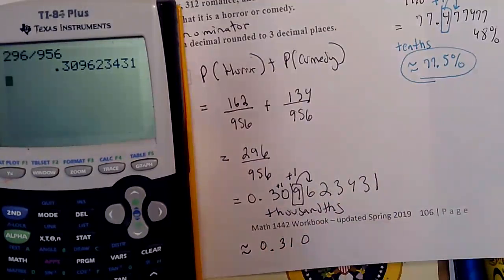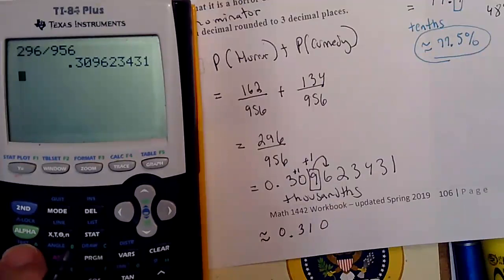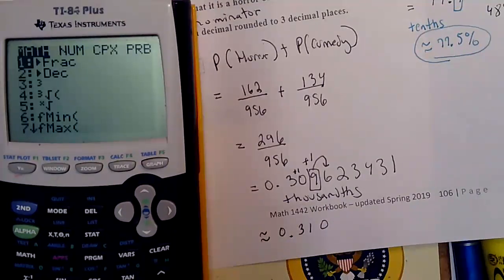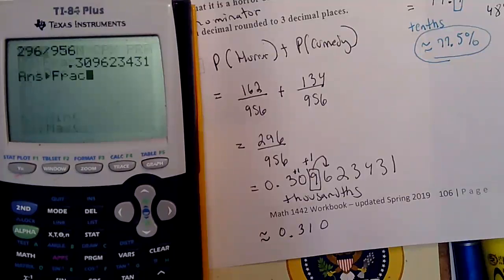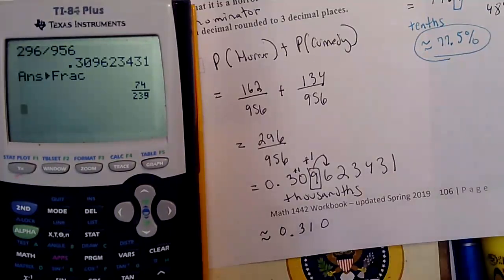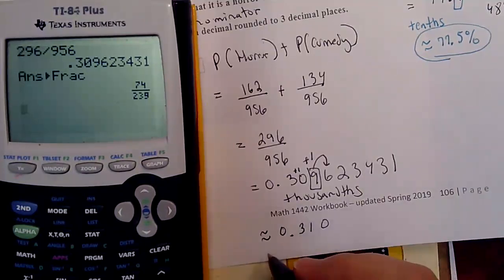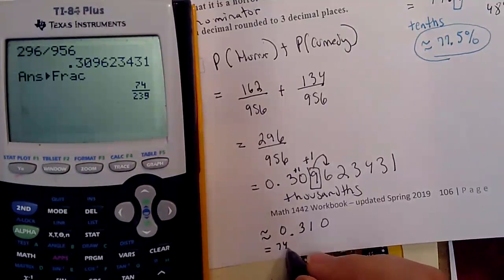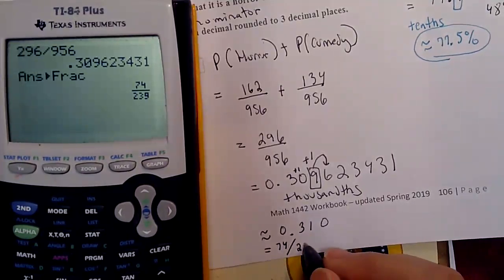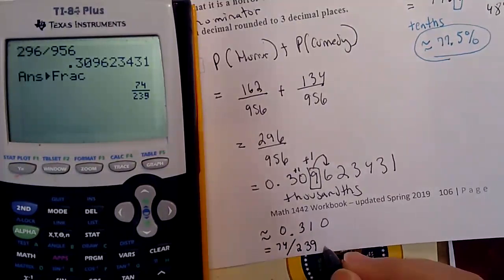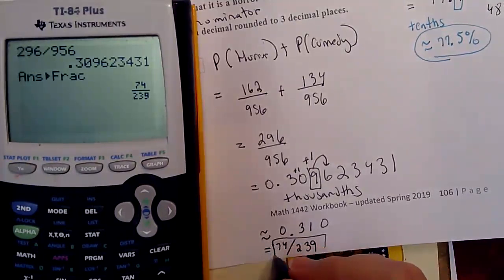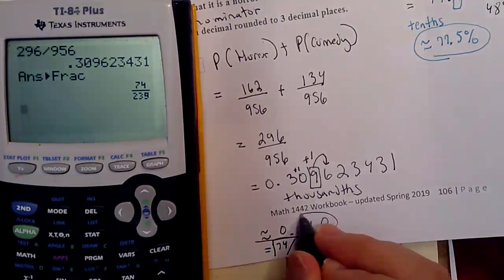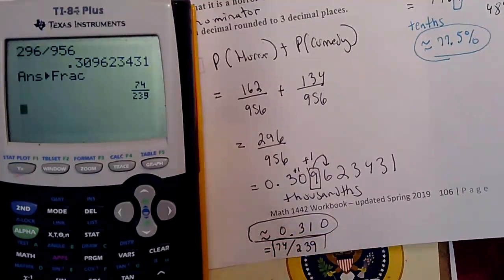Okay, and then if you want your fraction, you would do a math, then a frac on that, and then enter. And see how you get 74 over 239? Again, if you needed the percent, you would do times 100.